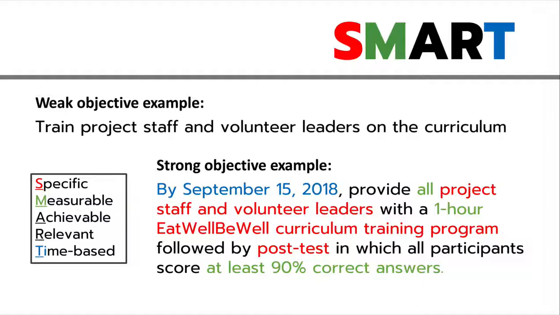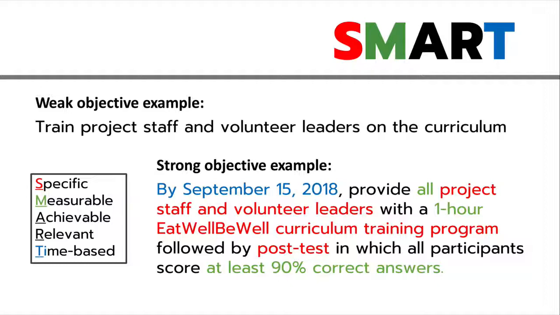What? Well, we're going to have our Eat Well, Be Well curriculum training program. So we have this specific type of curriculum. We're defining which curriculum and that we're providing training on that curriculum to these people. Also, as part of being specific, we're saying we will then have a post-test where we measure participants. So the post-test allows us to be more specific. It's not just that we're going to ask participants questions, but we are doing a post-test.